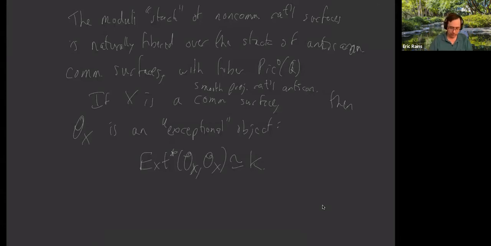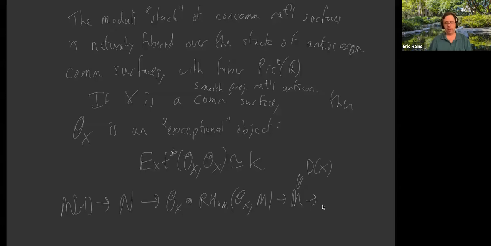We get a canonical distinguished triangle where, given M in D(X), we take the kernel of the natural map of global sections, N. So this is functorial, and N has no derived global sections.